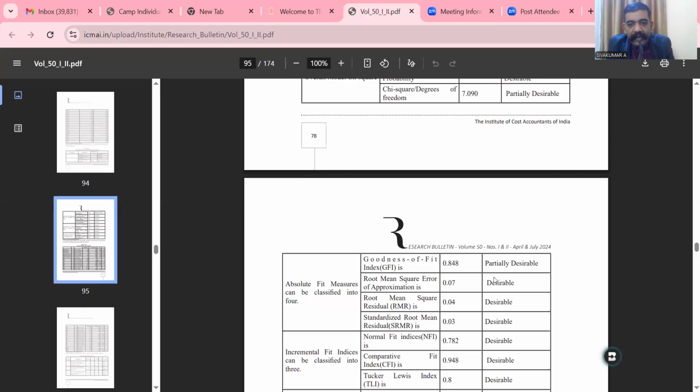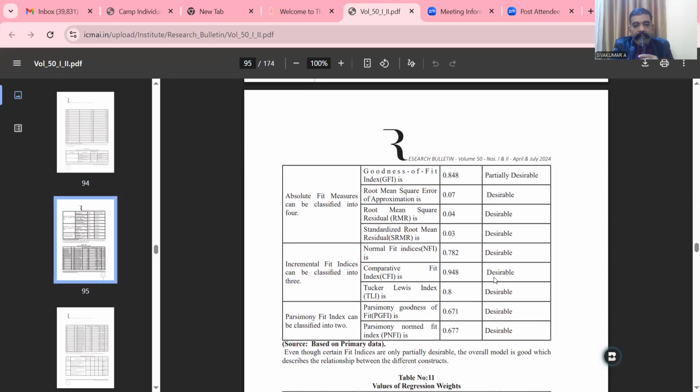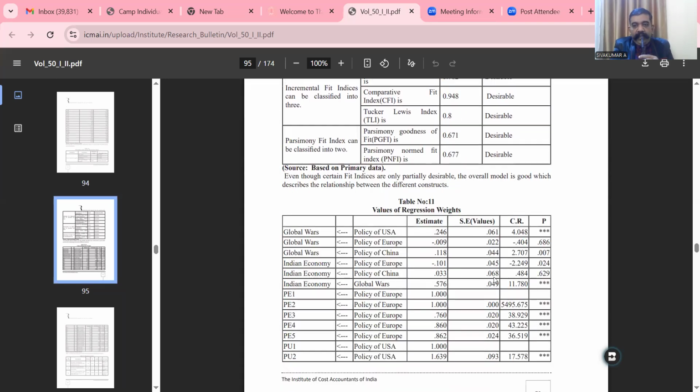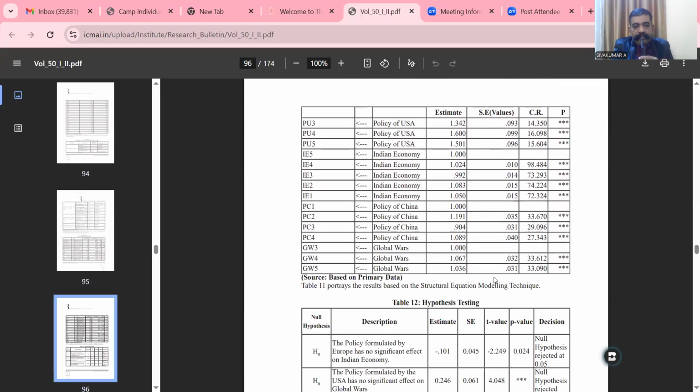That means I need not explain the standard values and observed values here again. Please remember, the standard values or standard norms I have already explained at the time of the CFA output interpretation. Same interpretation. Then please write the table like values of regression weight.